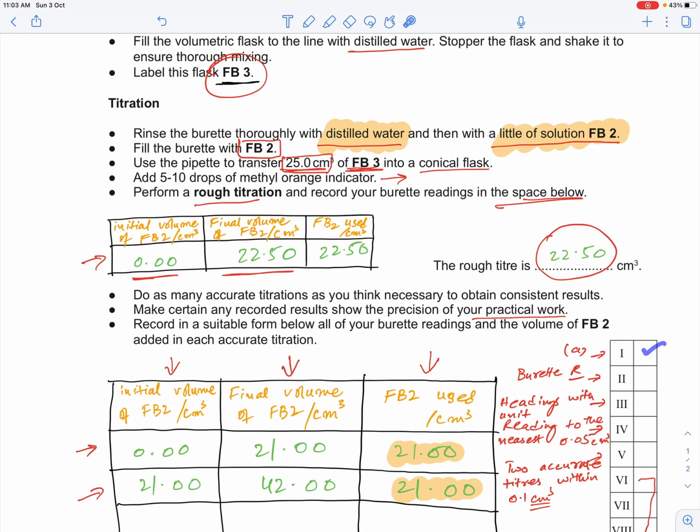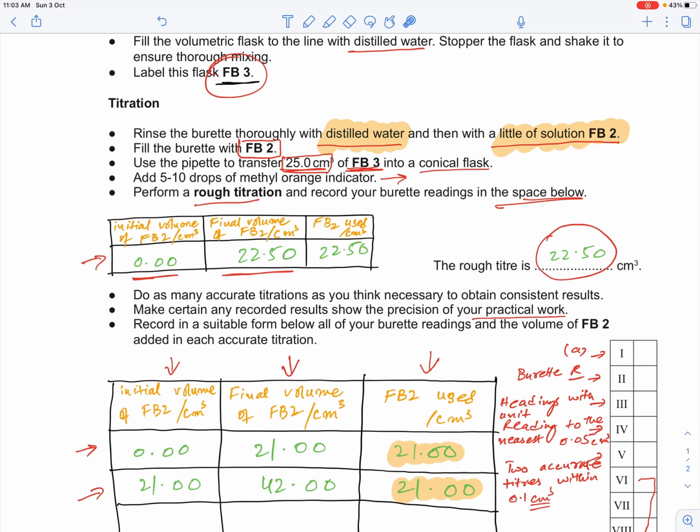And then the third mark is for the headings with units, for accurate titrations and for the rough titrations, right? As we have mentioned the headings with the units in the rough titration columns as well as in the actual titration, we will get the third mark here as well. And the fourth mark is for the readings to be nearest to 0.05 cm cube.